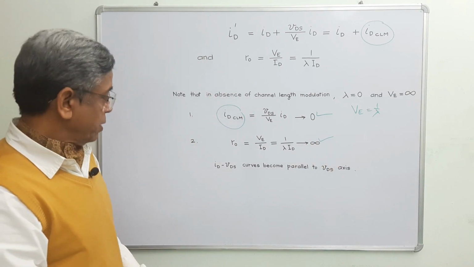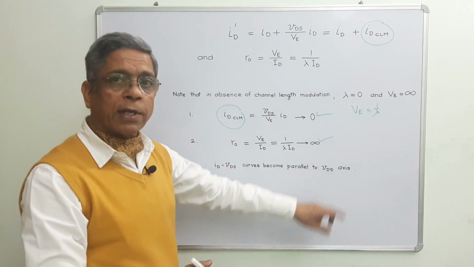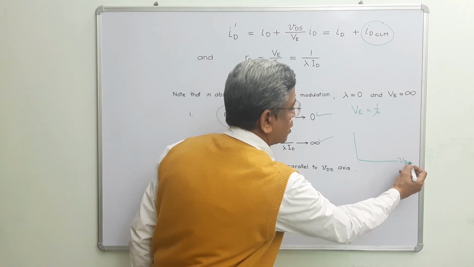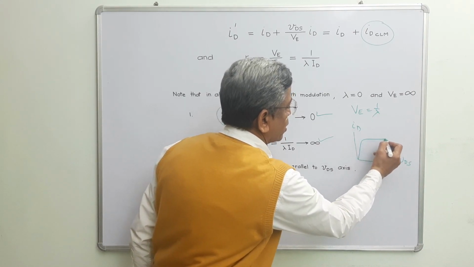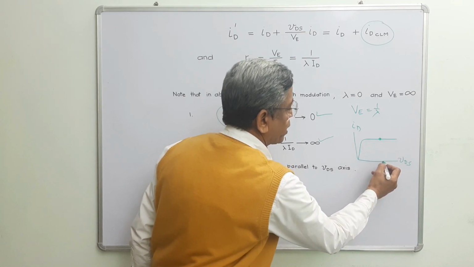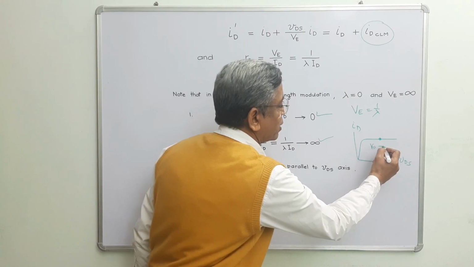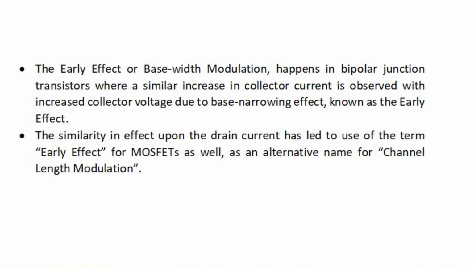That indicates Id-Vds curves become parallel to the VDS axis. This is VDS and this is ID, and this is the position. When this line is parallel to this line, it indicates R0 is equal to infinite. And this is all about channel length modulation for the MOSFET.